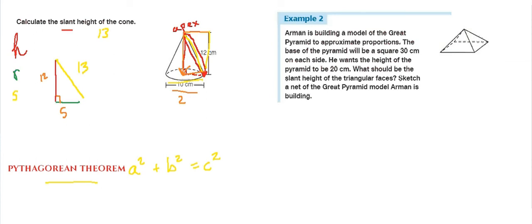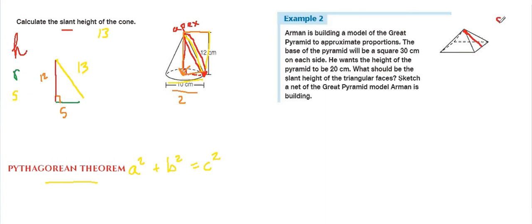Now with a pyramid, you may be tempted to say that these are the slant heights, but in fact they are not. The slant height of a pyramid, like I was saying before, is the shortest distance from apex to base side. So this is shorter, from here to here, like sliding down the side.